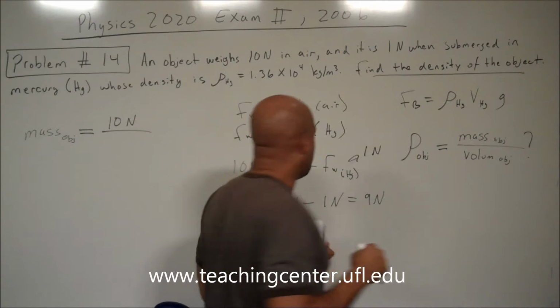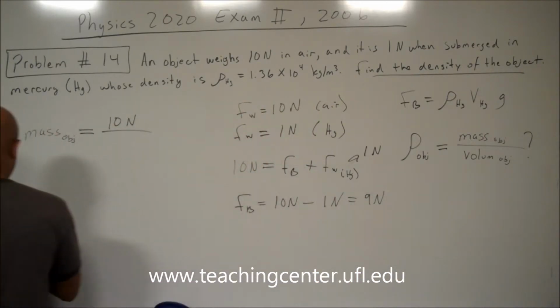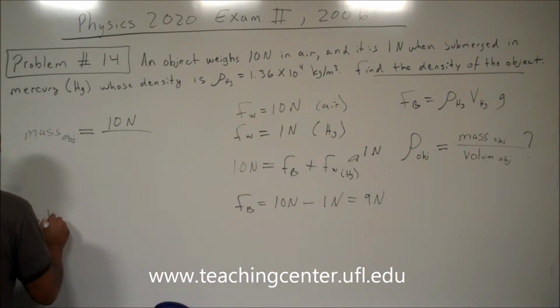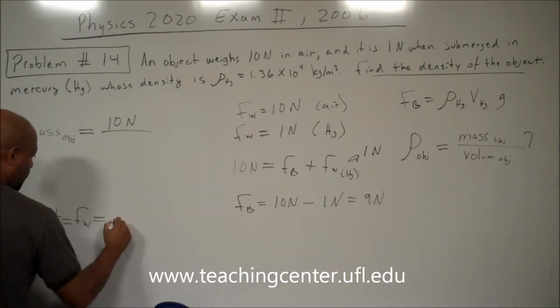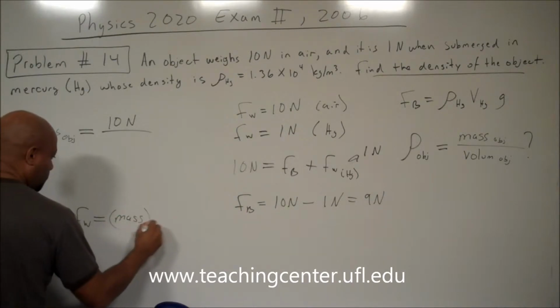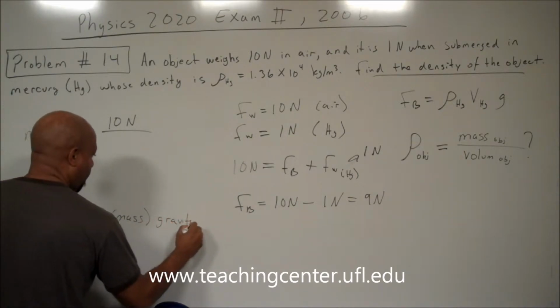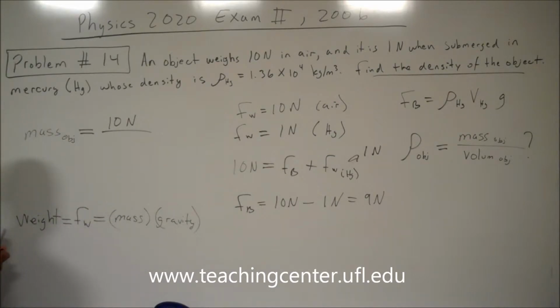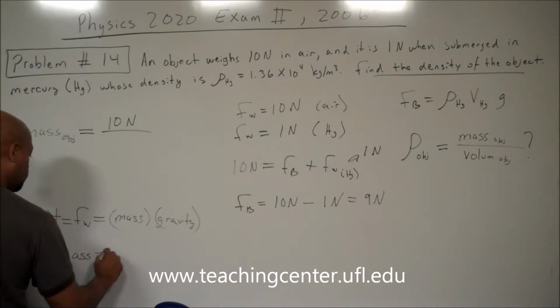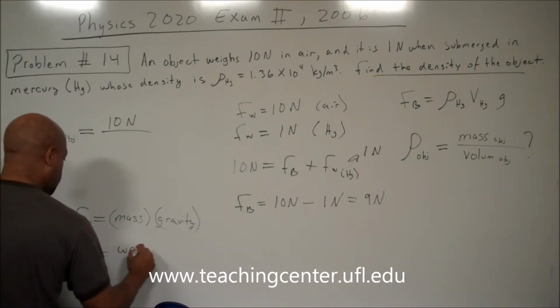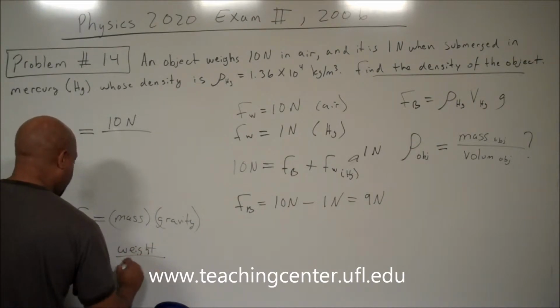And we know that the weight is just a force, which is equal to the mass times gravity. Okay? And so this is 10 newtons. If we want to find the mass, all we have to do is divide both sides by gravity. So mass is going to equal the weight divided by gravity.